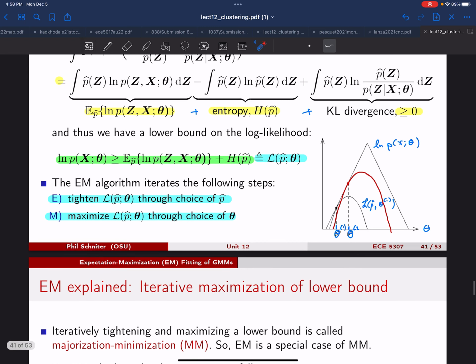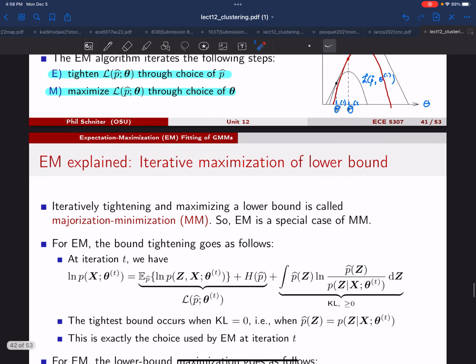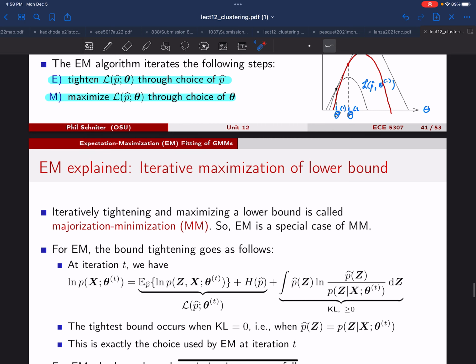So I basically just rewrote this expression from the previous slide. So how would you come up with the bound tightening? How do you do the E step? We need to choose p hat so that the lower bound is as tight as possible. Well, in this case, because it's possible to make this KL term exactly equal to 0, if you could do that, then your lower bound would coincide exactly with your likelihood, and it would be perfectly tight.